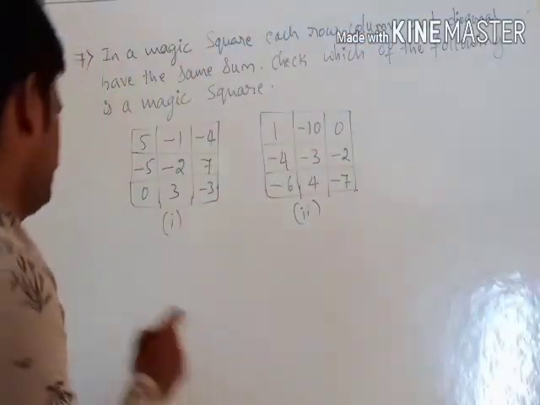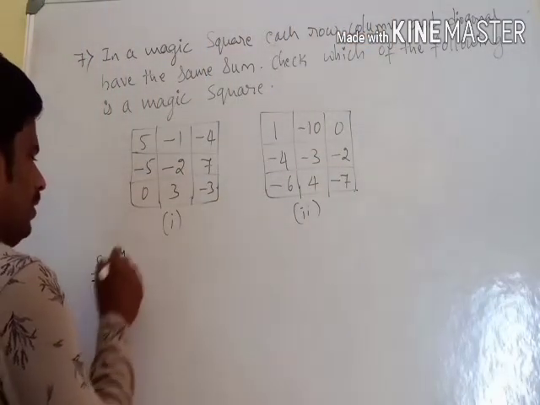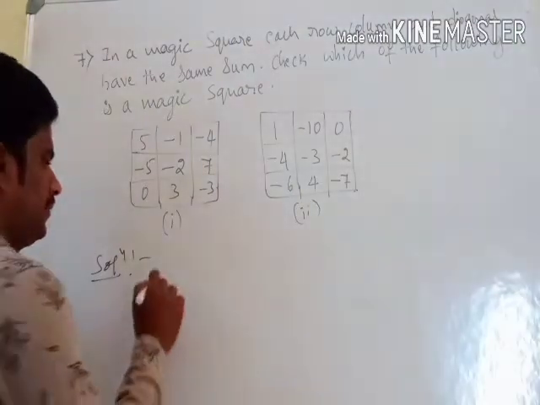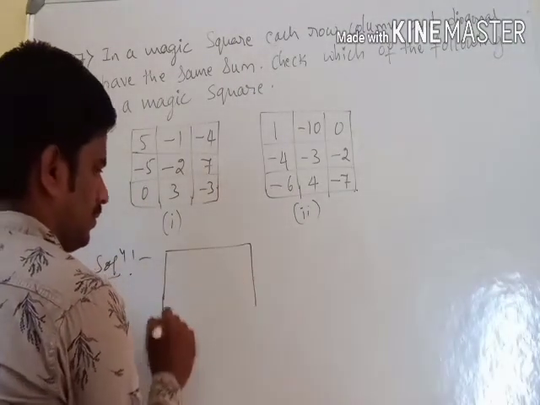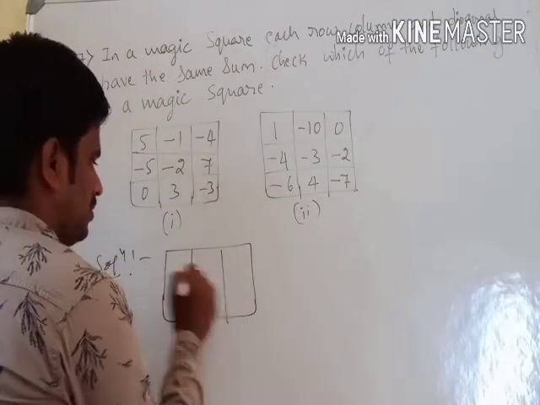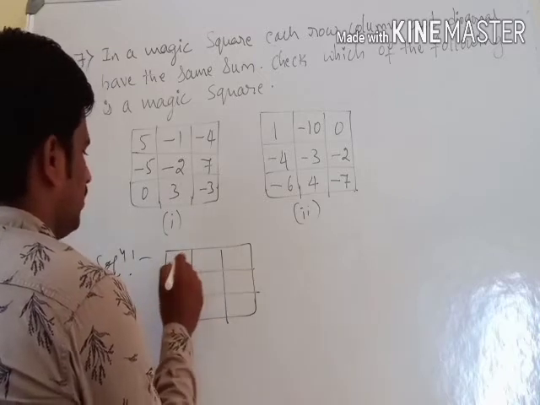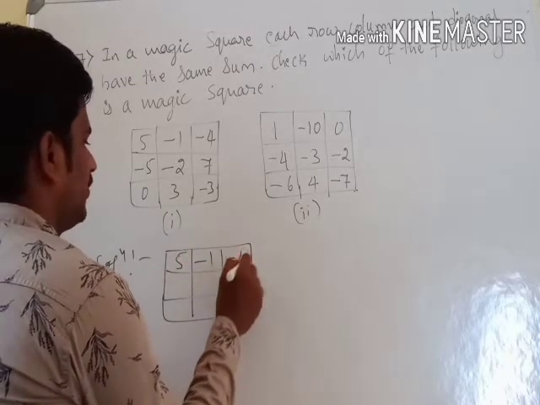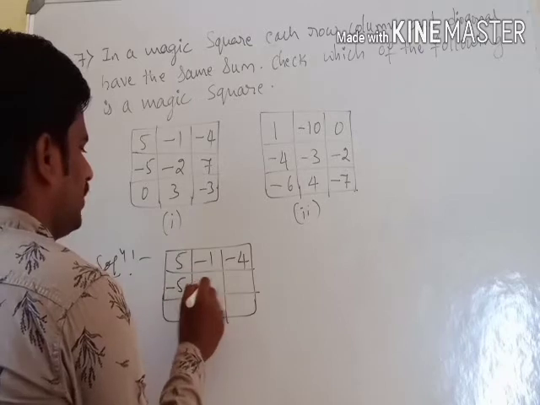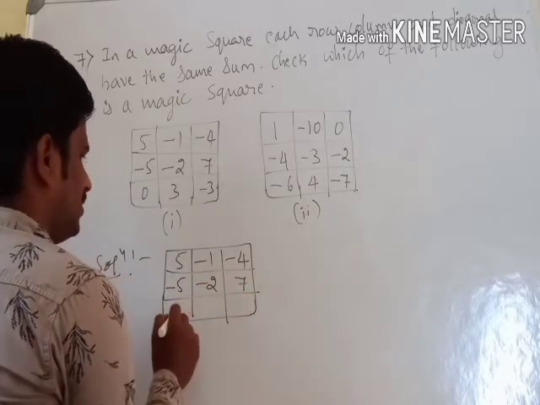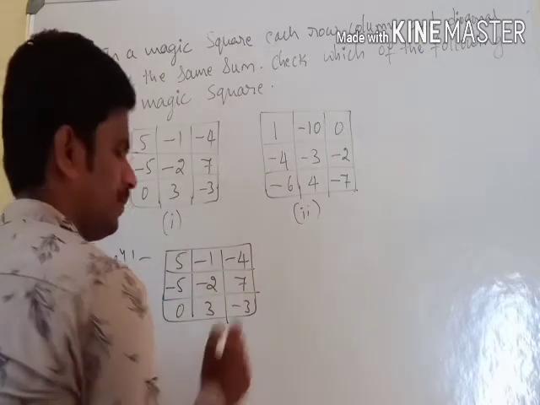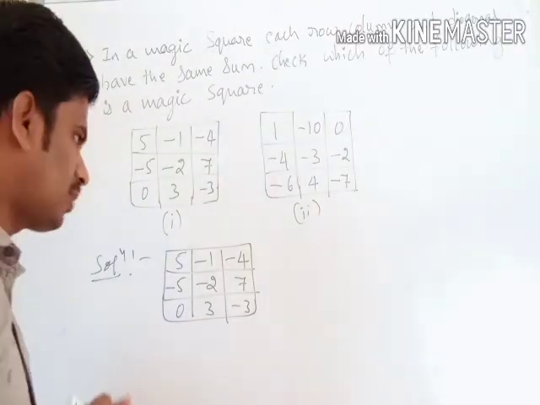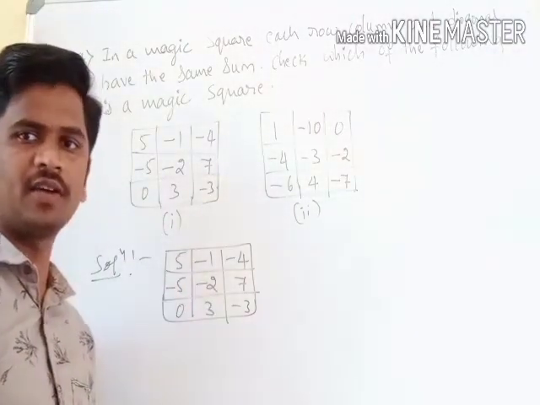See, observe the first square. Here the given numbers are 5, minus 1, minus 4, minus 5, minus 2, 7, 0, 3, minus 3. You add column wise, row wise or diagonal wise.